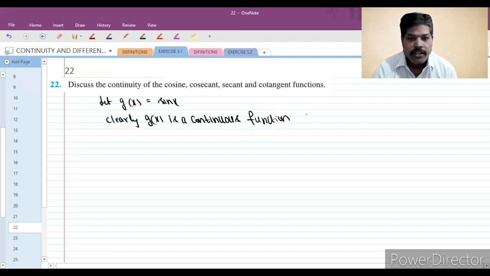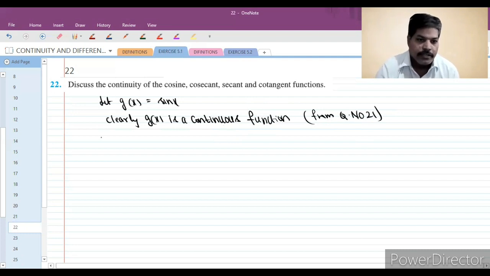So in the examination you have to write the proof from question number 21. Question number 21, we have to write the proof: g of x is equal to sin x, and we have to prove that g of x is a continuous function. And also let h of x is equal to cos x.